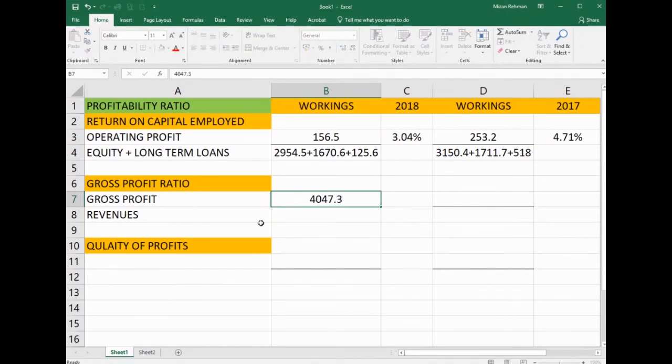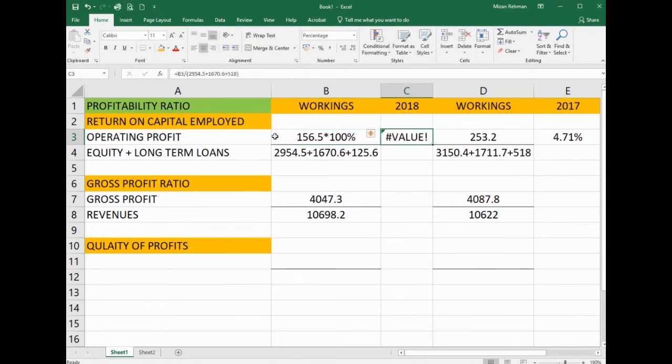So gross profit was 4047.3, and the revenue was 10698.2, and 4087.8 divided by 10622. One thing, guys, I didn't do here was multiplying by 100%.